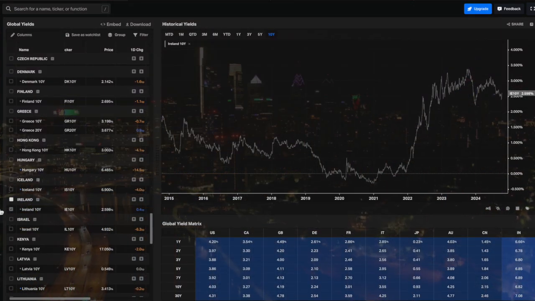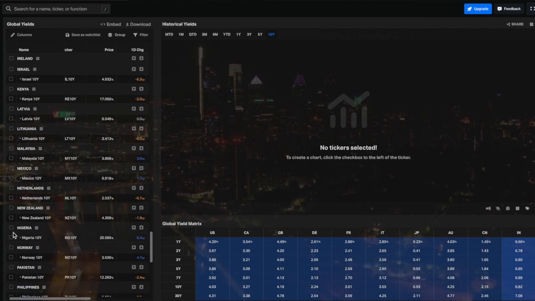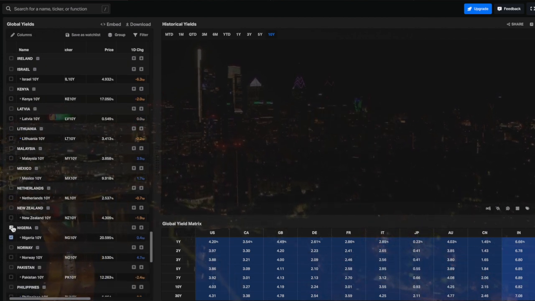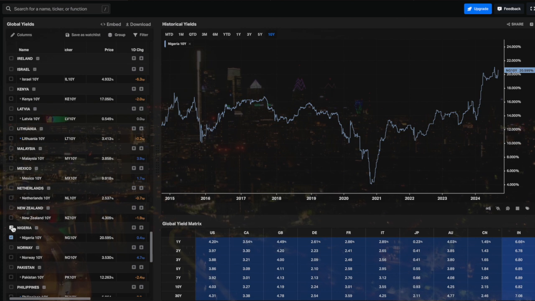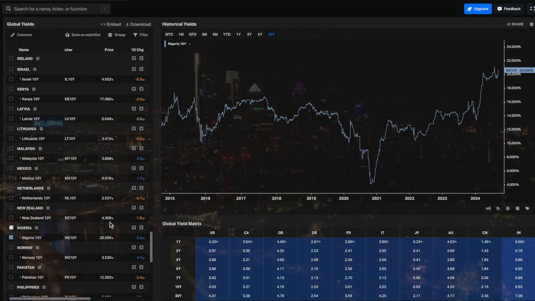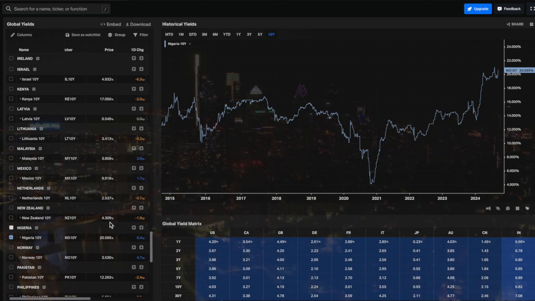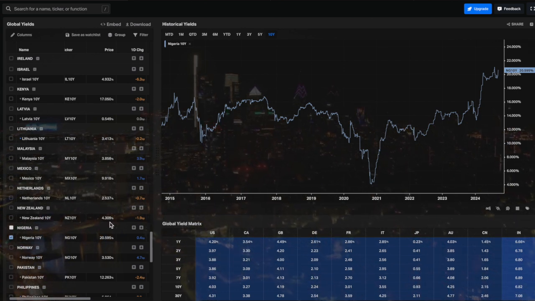I invite you guys to have a look at this tab. It's very exhaustive, it's very interesting, and it's mandatory really to understand what's going on in the financial markets. So yeah, this is the global yield matrix, guys, and I'll see you in the next video.